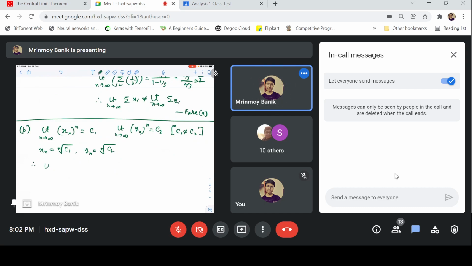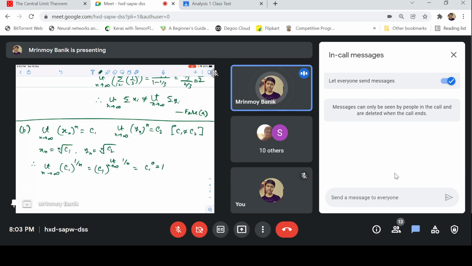Therefore, since they are finite, so 1 by n, so it's C1 power limit n tends to infinity 1 by n.